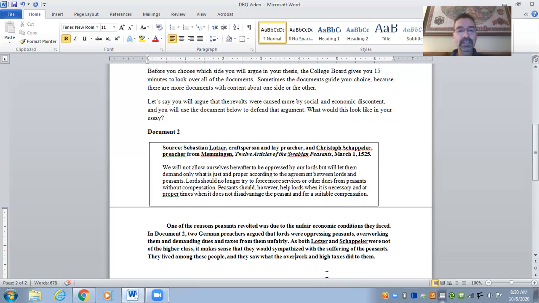Another thing they may not mention anywhere in here is that many of the people who learned about Luther after reading the 95 Theses because they could read then went out and preached it directly to the people. So for people who couldn't read, they were also learning about Luther's ideas about challenging authority. And that was certainly an inspiration for them to do the same thing.